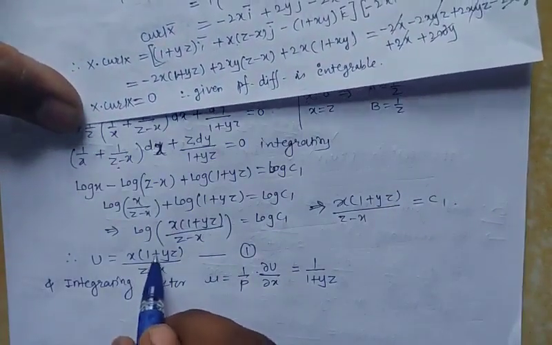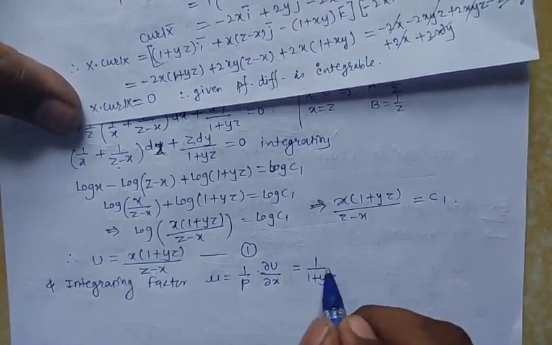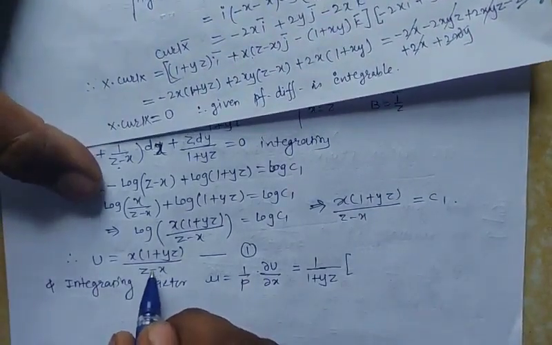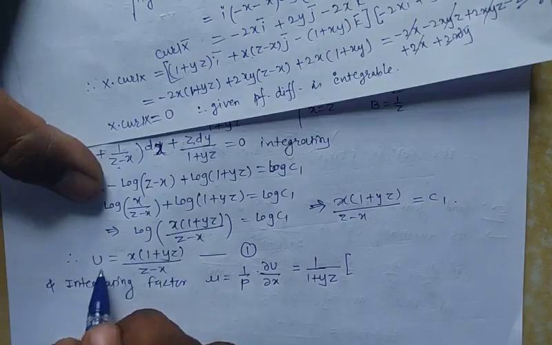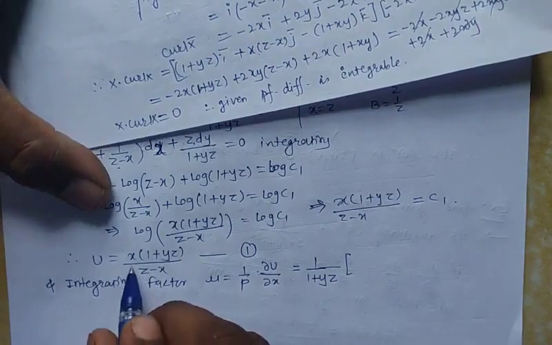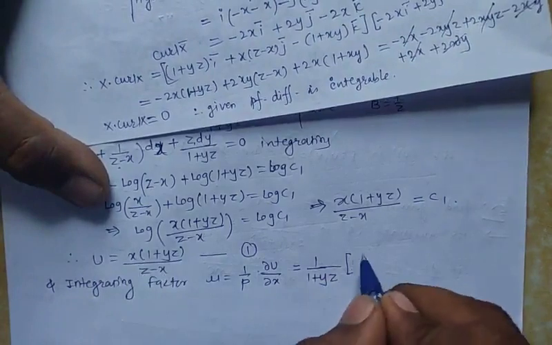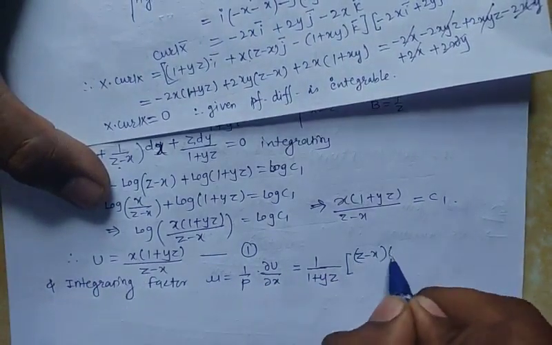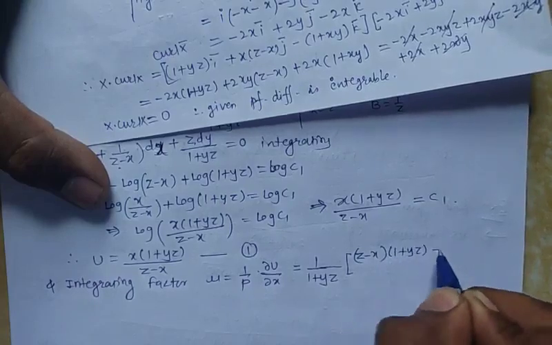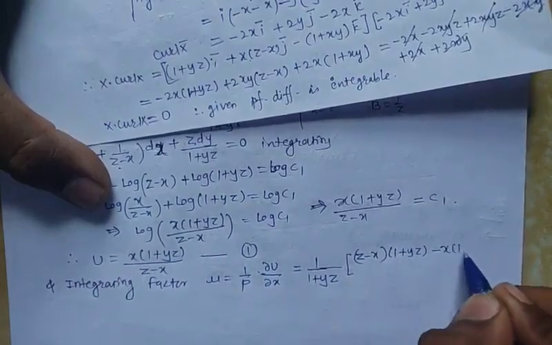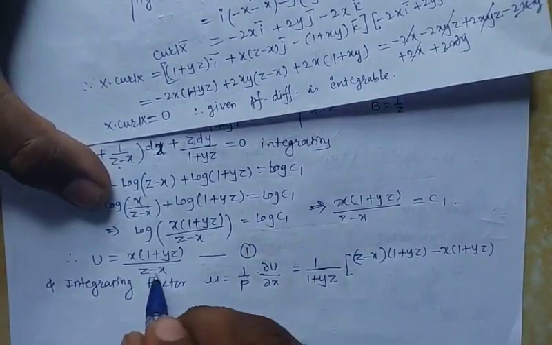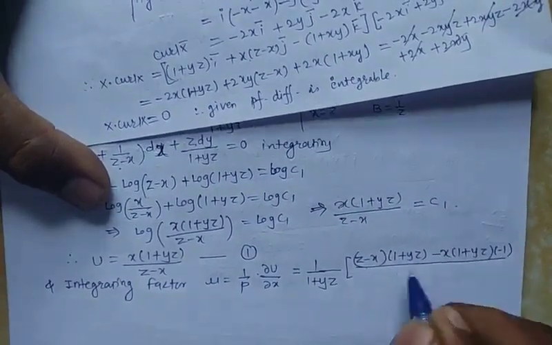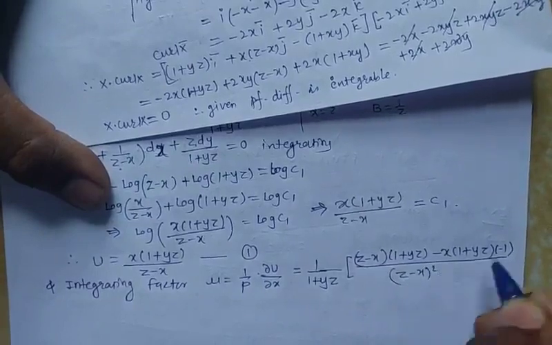So you will use the u by v rule. So taking the derivative of u with respect to x, using the u by v rule, here z minus x into the derivative with respect to x is 1 plus yz, minus x into 1 plus yz, whose derivative with respect to x is minus 1, upon z minus x bracket square.